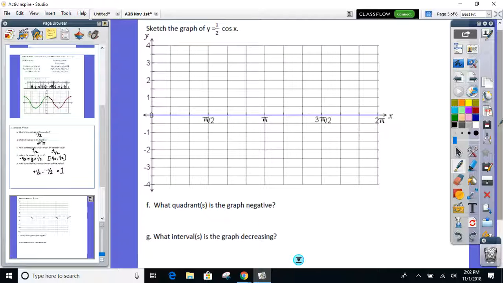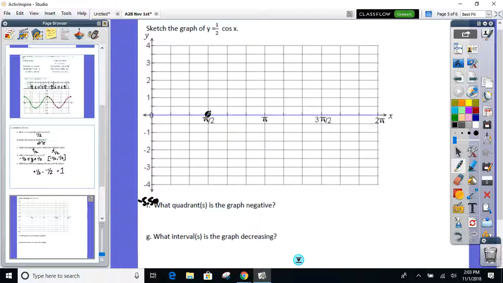Okay, where's cosine start? At its max. What's the max here? 5.5, but what's the negative tell you? Take that 5.5 and flip it over to -5.5. Then where does it travel to? Cosine goes to 0 next.